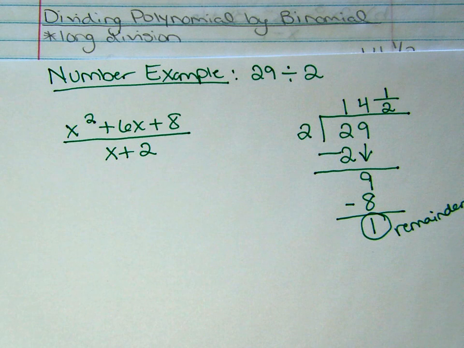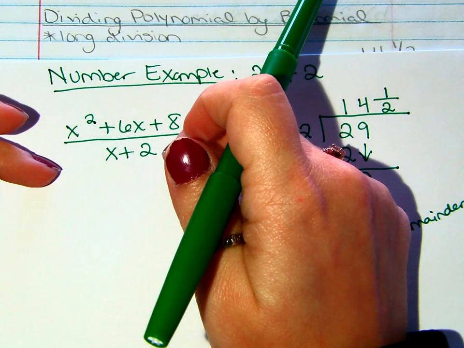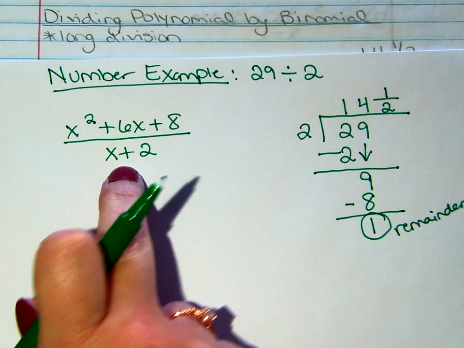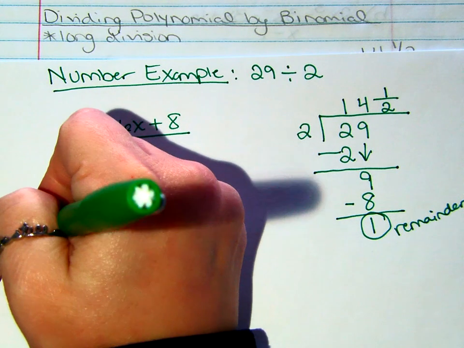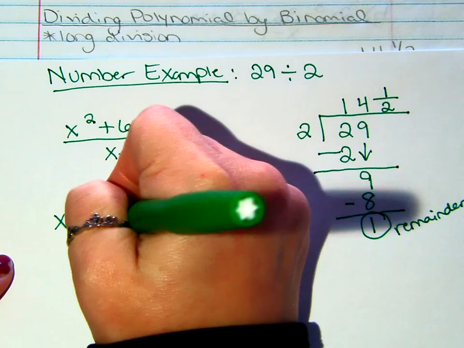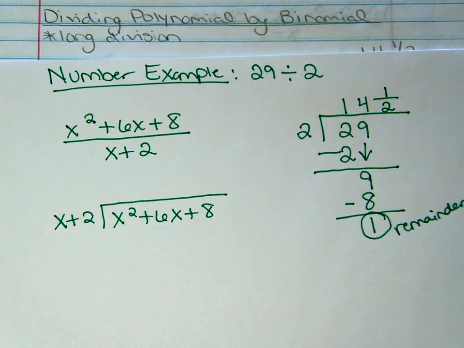So here we have a trinomial, 3 pieces, and we're going to divide it by something that has 2 pieces, a binomial. What you're dividing by always goes outside of your division bar. So we'll have the x plus 2 outside. We'll have the x squared plus 6x plus 8 inside.